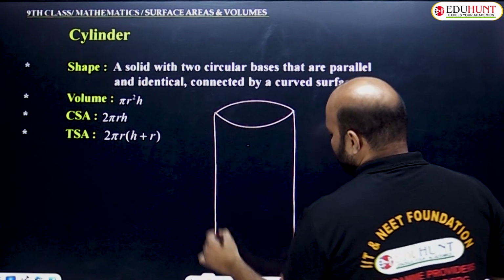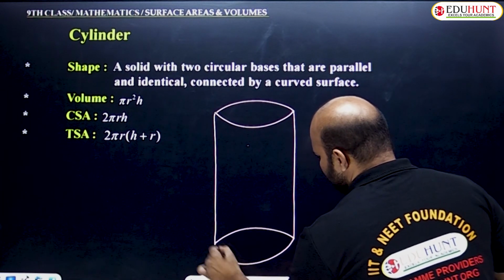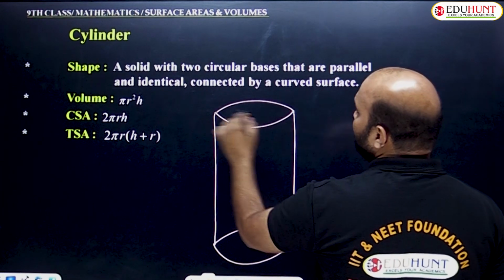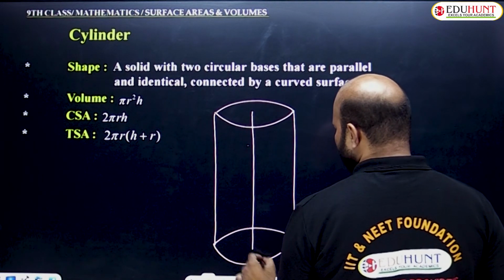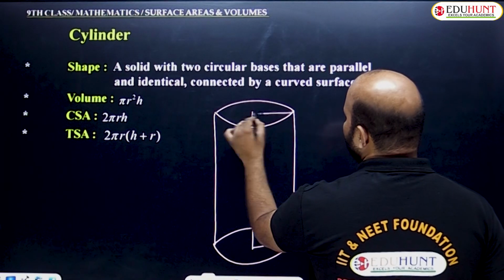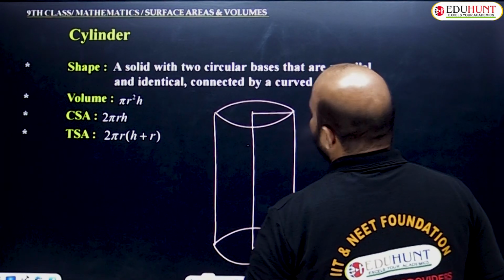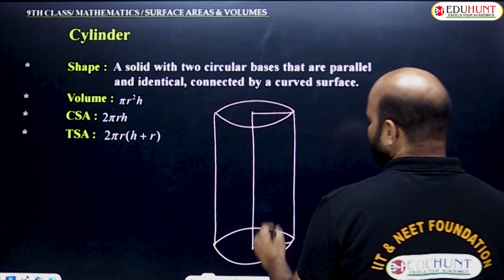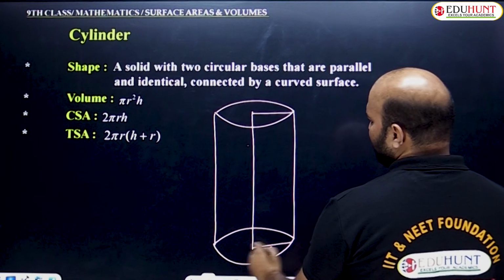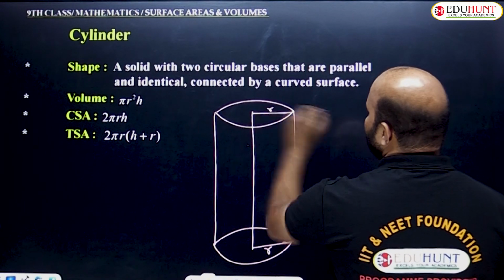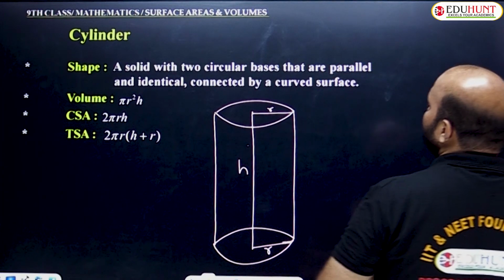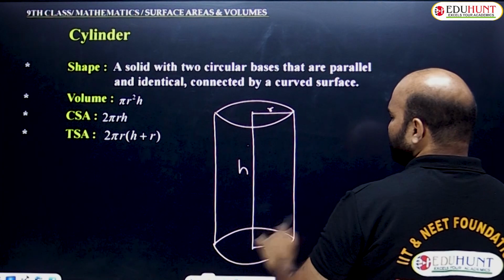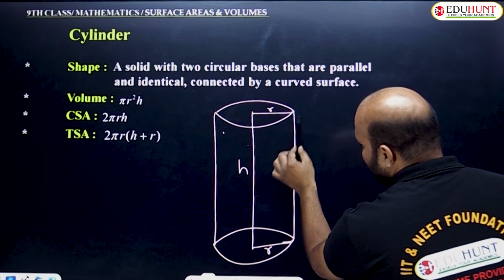Parallel and identical means the upper surface and lower surface are both the same. R is the radius of the circle, and there is a height. Connected by a curved surface, so this is called the curved surface.